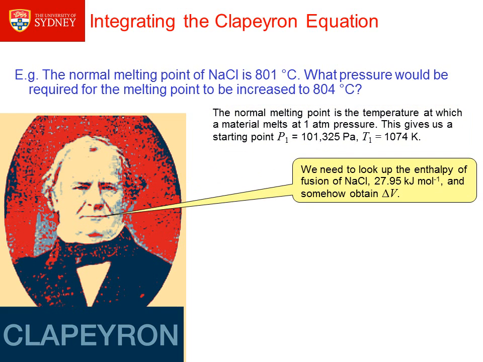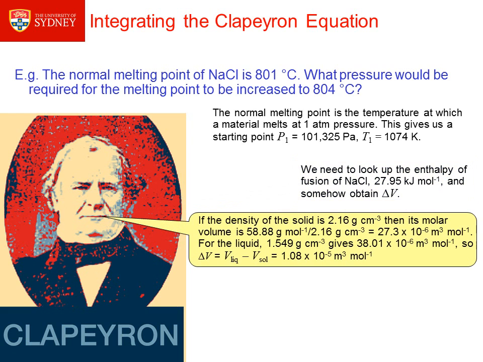We need to look up the enthalpy of fusion of sodium chloride, which is 27.95 kilojoules per mole, and somehow obtain delta V. We obtain this from the density. If the density of the solid is 2.16 grams per cubic centimetre, then its molar volume is its molar mass, 58.88 grams per mole, divided by the density, 2.16 grams per cubic centimetre.